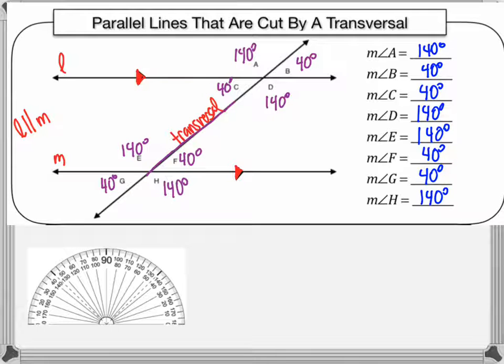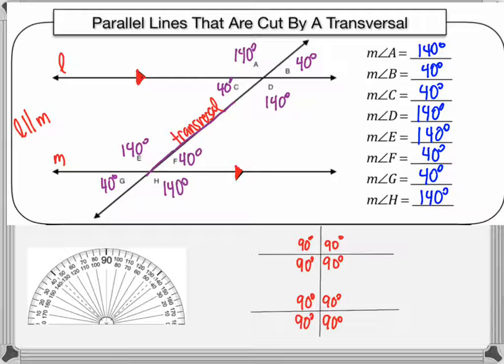But something I do want to mention about perpendicular lines is the scenario where the transversal happens to make a 90-degree angle with both of those parallel lines.